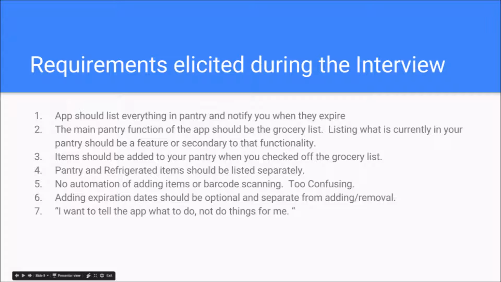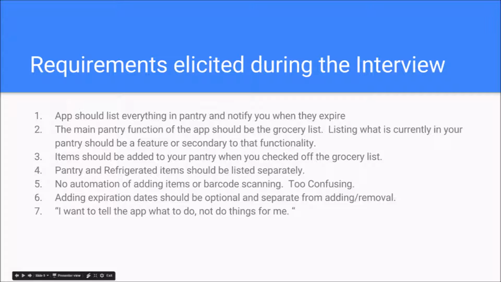So I explored that a little bit further with them, and they felt like when items were checked off the grocery list, that's when they should go into your pantry, assuming you're checking them off as you're buying them in the grocery store. They also felt like pantry and refrigerated items should be listed separately.